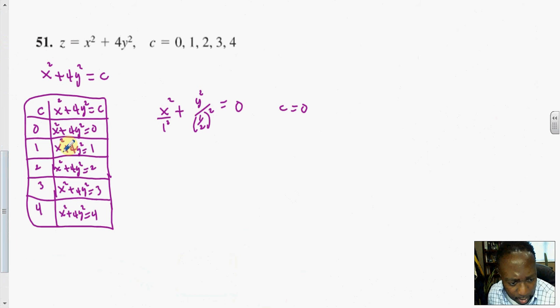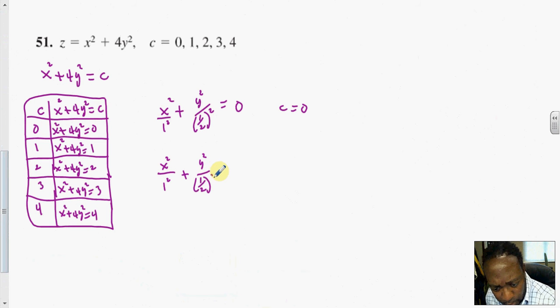For the next one, x squared plus 4y squared equal to 1. That is x squared over 1 squared plus y squared over 1/2 squared is equal to 1. This was for c equal to 1.